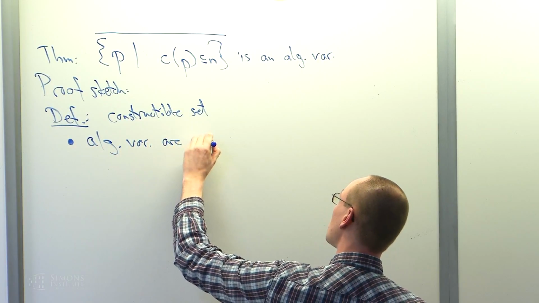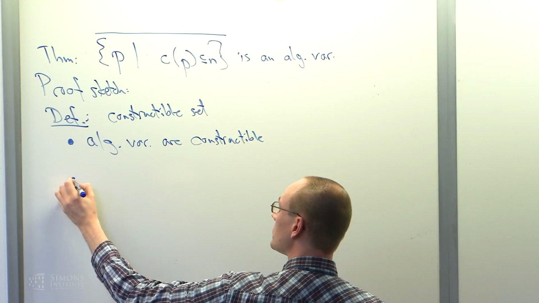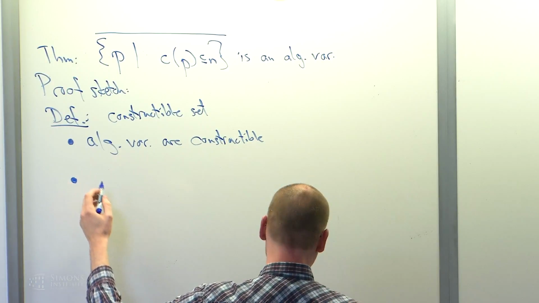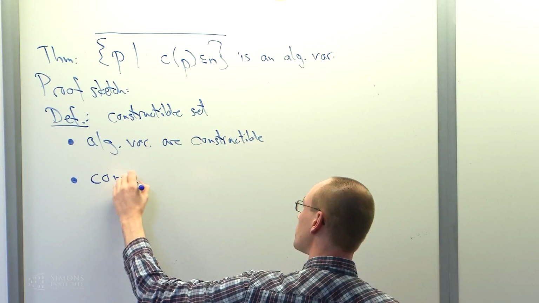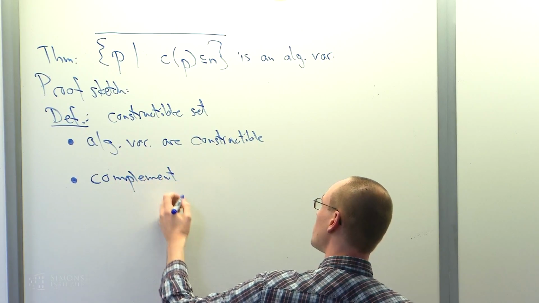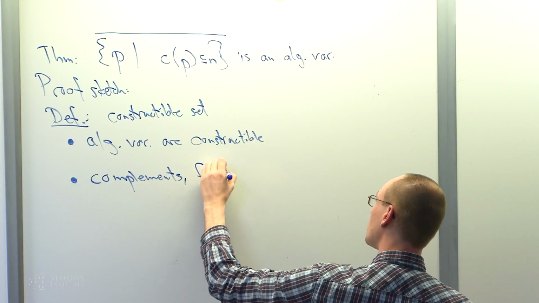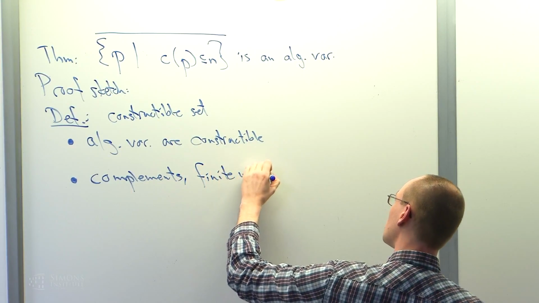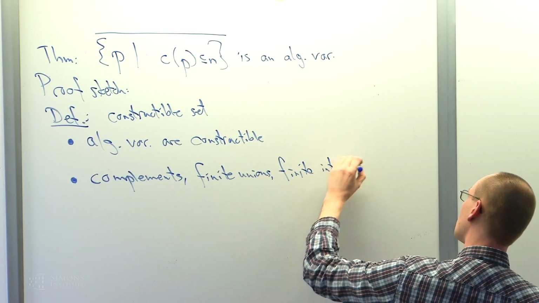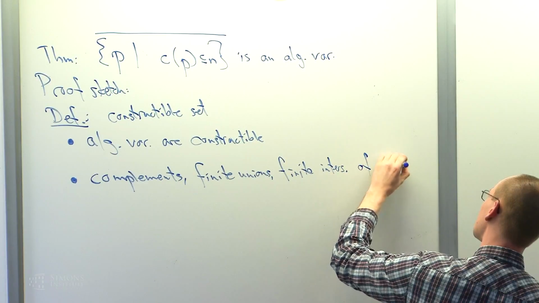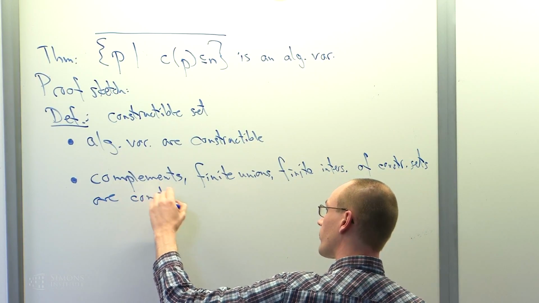And now, this explains the word: finite unions, finite intersections, or complements of constructible sets are also constructible. So you can take arbitrary Boolean combinations. That's the definition.